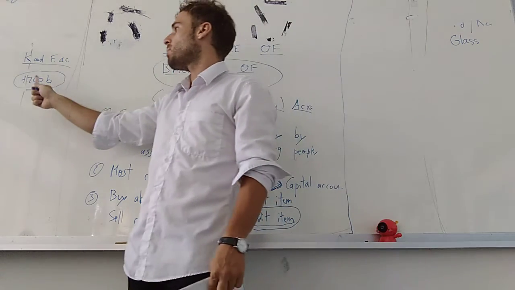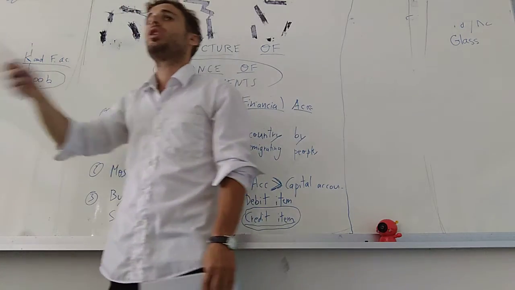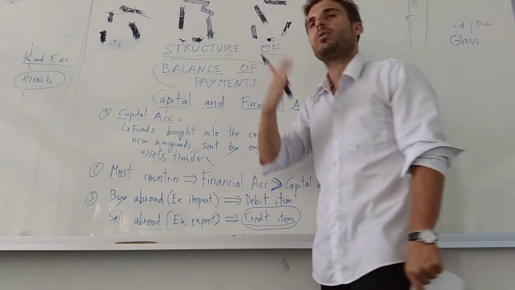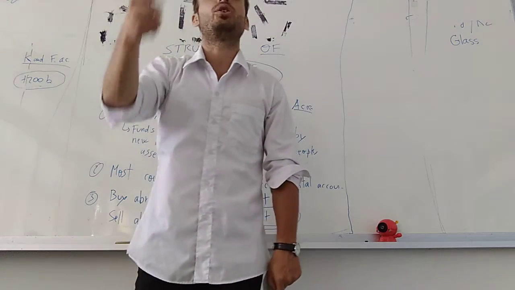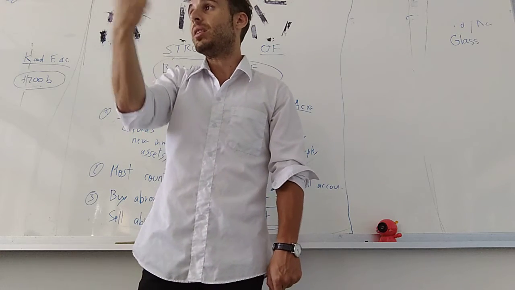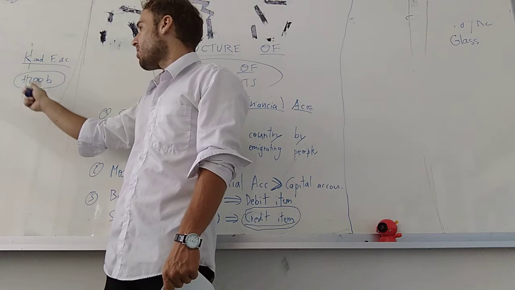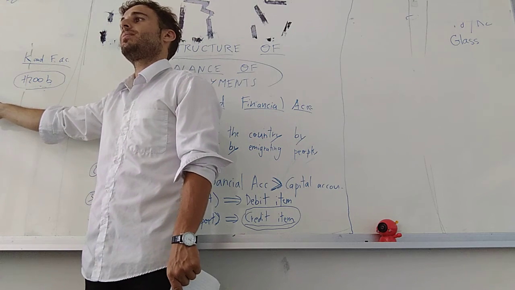Always, this number must be positive or negative, same here. So if this is negative, it means your economy doesn't go very well. Your country is actually buying a lot from abroad, and you need to get in debt in order to pay for those goods that we purchase abroad. And the debt and the money you are collecting from abroad is this one. This one serves to subsidize this one.